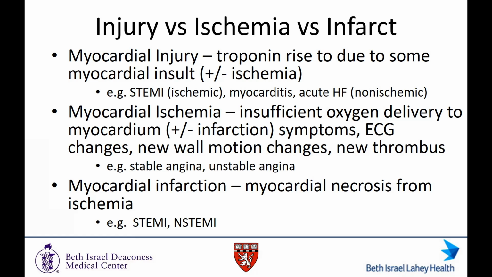So like myocarditis is injury without ischemia, and you can also have ischemia without injury, like stable angina, where maybe you're having ST depressions when you exercise, but you're having no injury. Injury typically being defined as the presence of troponins, just as is written here.